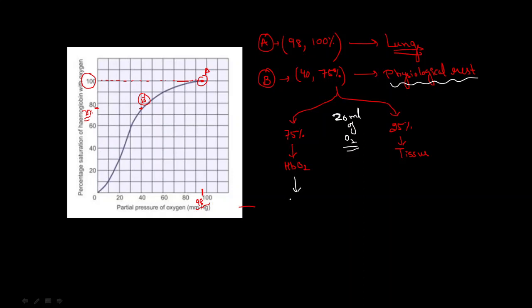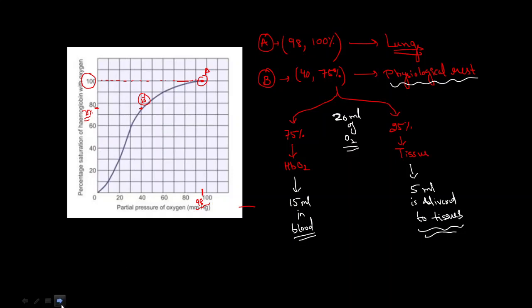So I can say 15 ml will remain in our blood only, and only 5 ml of the 20 ml of oxygen is delivered to tissues, right? So whenever our body is at physiological rest, you need to remember 75% and 25%. 75% will remain in blood, while 25% will be provided to tissues.